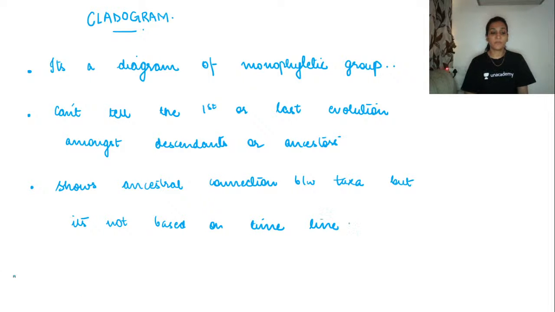So how can you make a cladogram? It is very simple. All the lines can be of the same length.